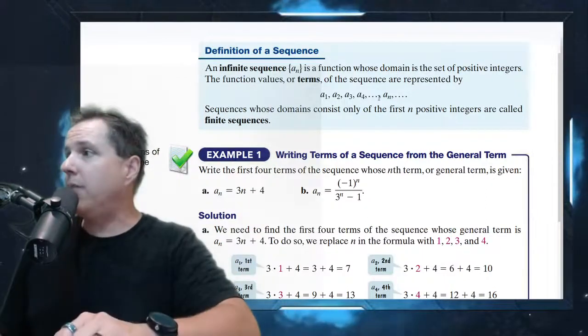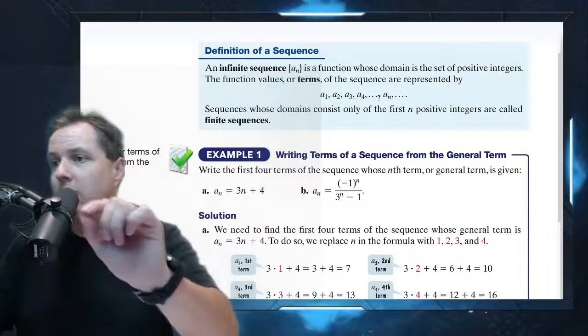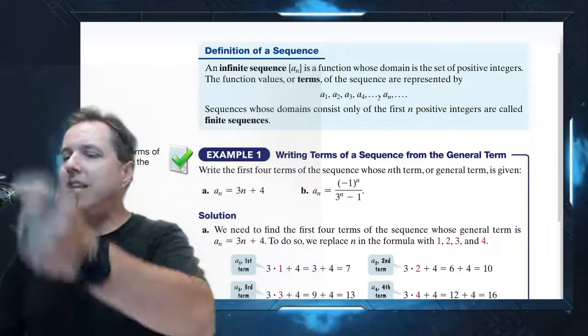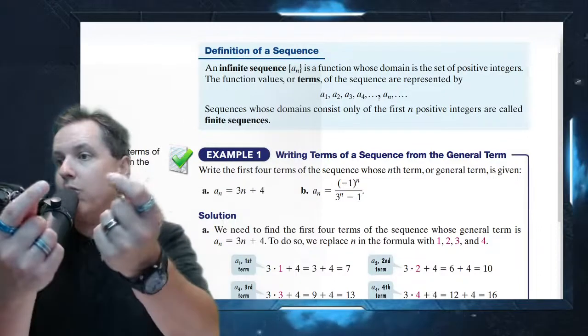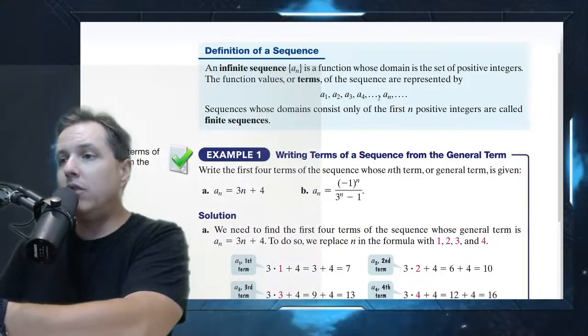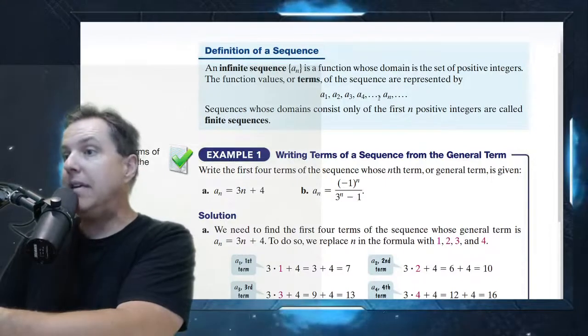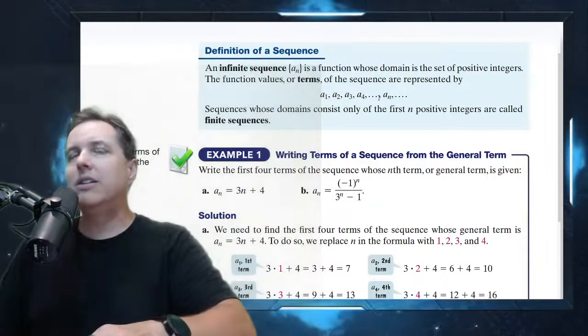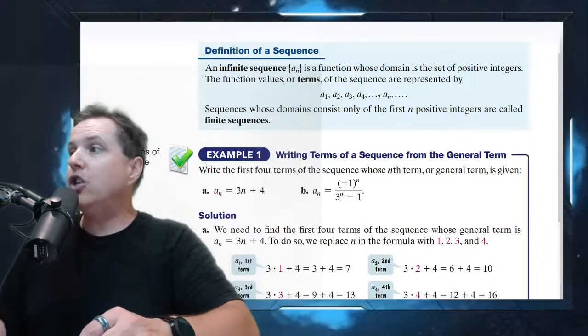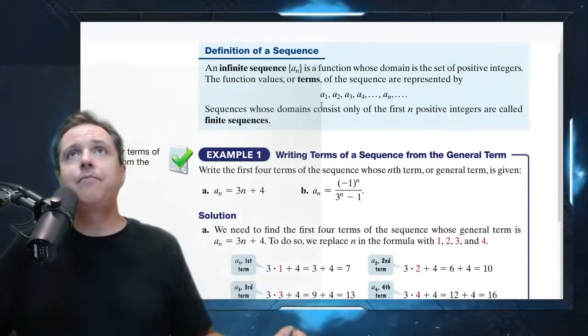So that way you can tell what elements belong to what. Because what if you have a couple sequences? Well, if you have a bunch of lowercase a's and a bunch of lowercase b's, then you always know what sequence they belong to. One will belong to capital A sequence, and the other ones will belong to capital B sequence. It just makes it a little easier to keep track of. But again, it makes the notation a little bit more complex.